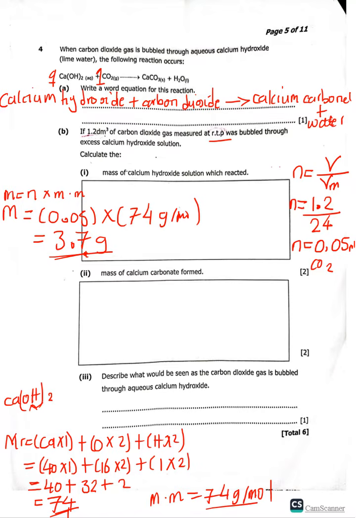So now let's move on to Roman number 2, mass of calcium carbonate. We're saying mass is equal to number of moles times molar mass. So for calcium carbonate, let's look at the formula.